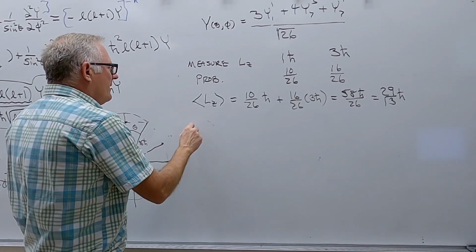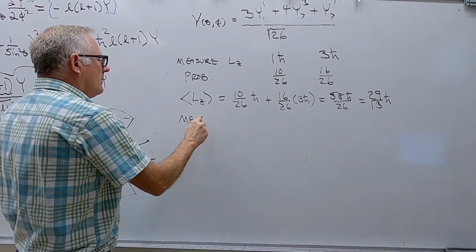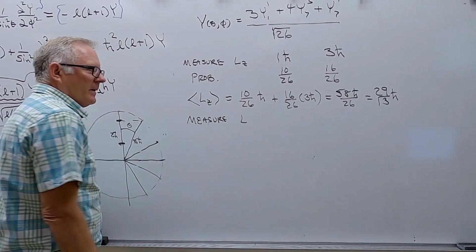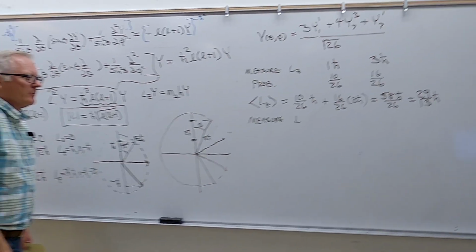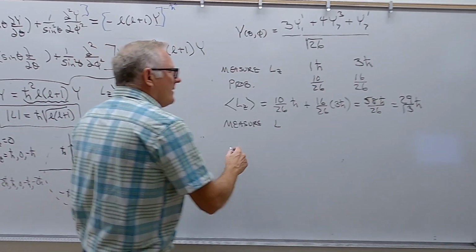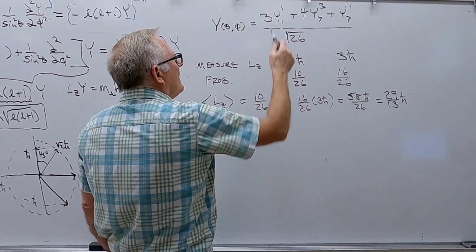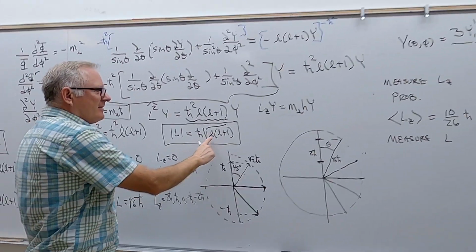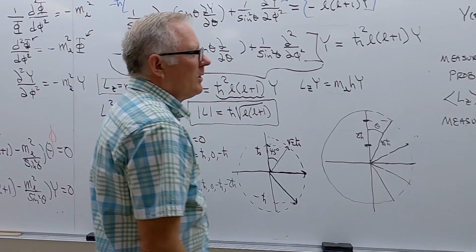What about if you wanted to measure L, the total angular momentum? What could you possibly get? The values you can get depend on the bottom number. That's given by this, h bar times the square root of L times L plus 1.